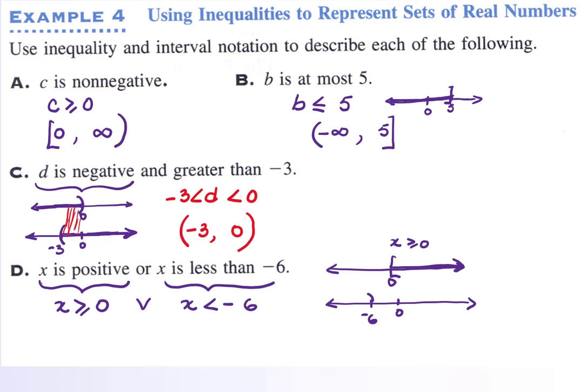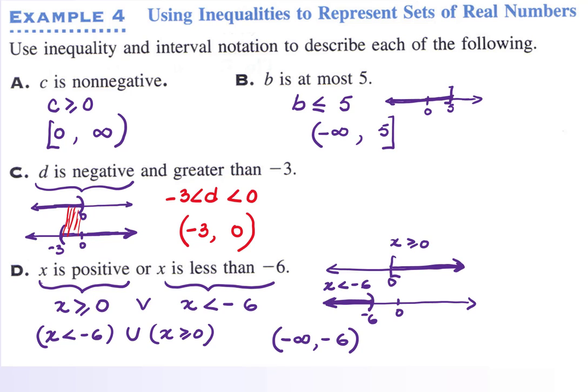X is strictly less than negative 6. Close parenthesis at negative 6, and we go toward negative infinity. And because we have an OR statement, it represents the union of these two sets. Therefore, open parenthesis at negative infinity, comma, negative 6, close parenthesis, union, bracket at 0, comma, positive infinity, close parenthesis.